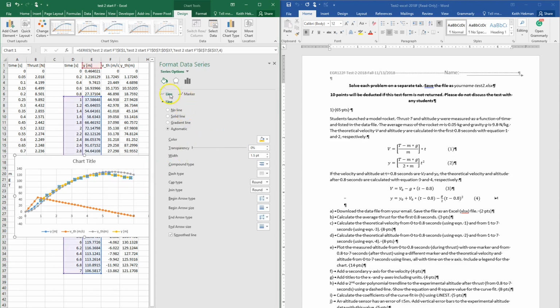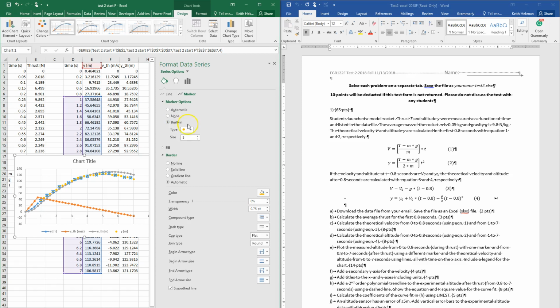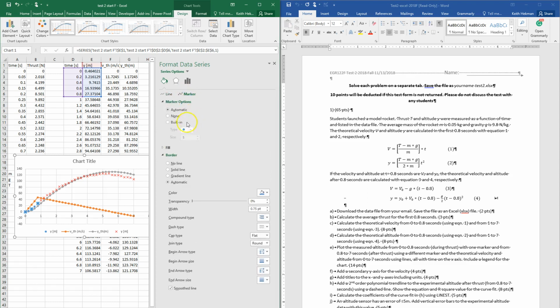So this we wanted to be no line, marker, built-in X, say a red X, and then this one we want no line, marker, maybe pluses.